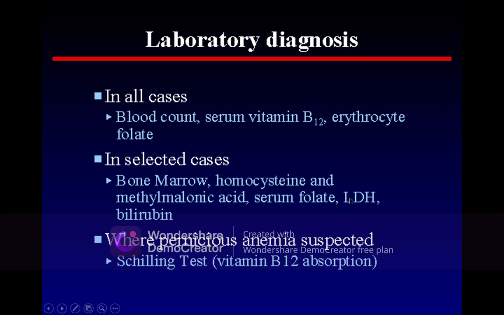LDH levels are also definitely increased, and bilirubin. It is indirect hyperbilirubinemia which is causing the mild icterus. Where pernicious anemia is suspected, then you can go for the Schilling test, absorption. Nowadays, they are not doing it. There are modified Schilling tests they are doing.